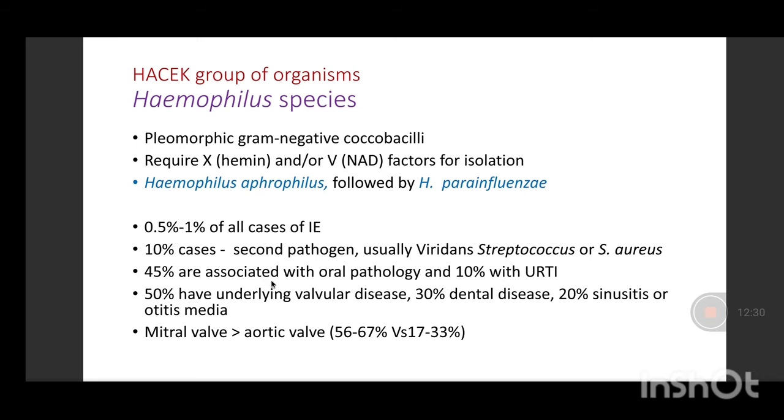And 45%, almost half of the cases, have oral pathology, which is a source of spill to the blood and ultimately endocarditis, and 10% are with upper respiratory tract infection. Mitral valve endocarditis is more common than aortic valve endocarditis with Haemophilus species.